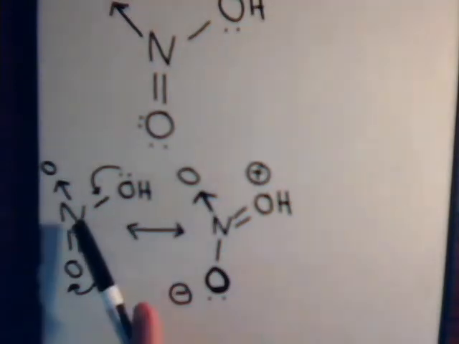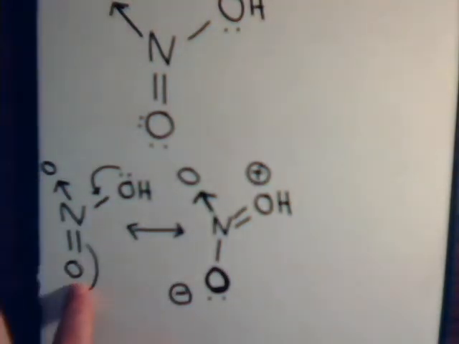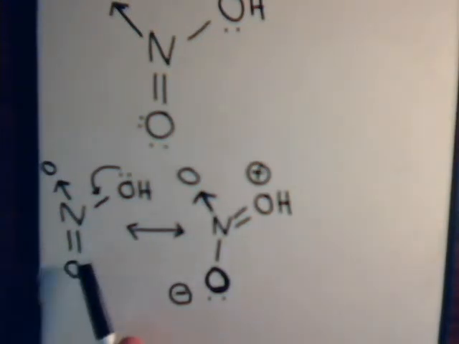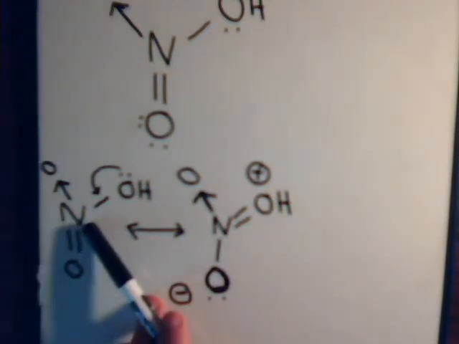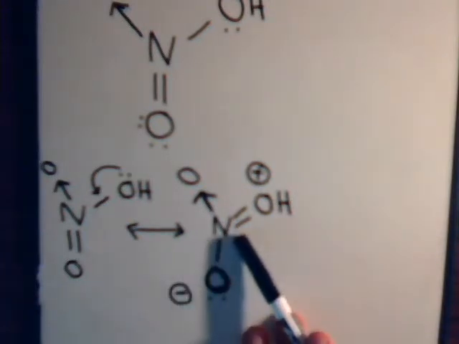Originally, this nitrogen and this oxygen were sharing pi electrons. This had a pi electron, and this had a pi electron that they were sharing in that pi bond. Well, suppose that nitrogen, once you have this, has its lone pair of pi electrons here. Suppose nitrogen takes its electron back, plus the electron that oxygen originally had.